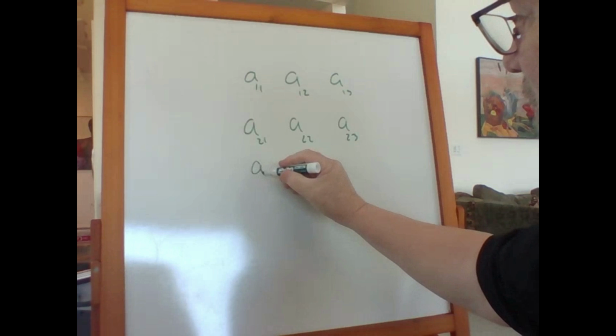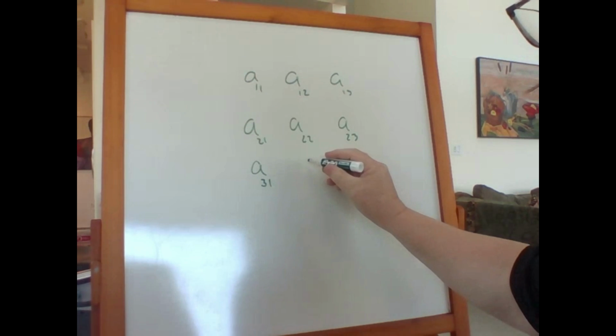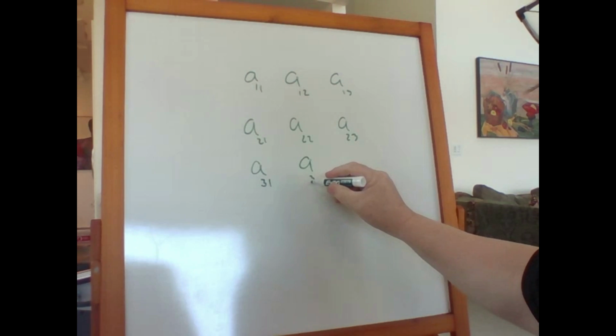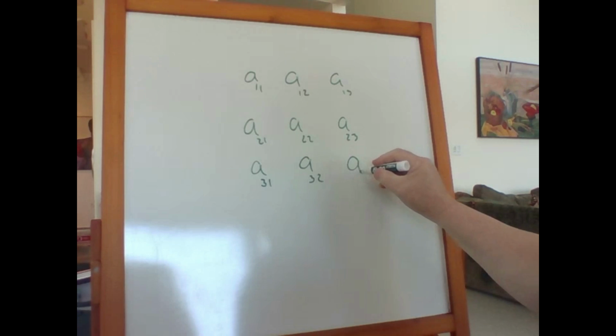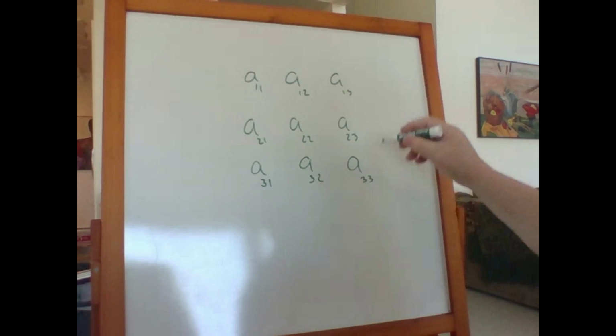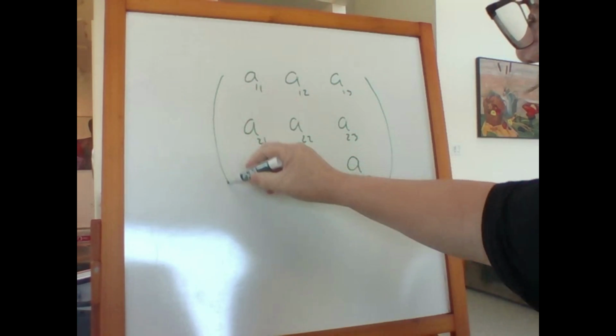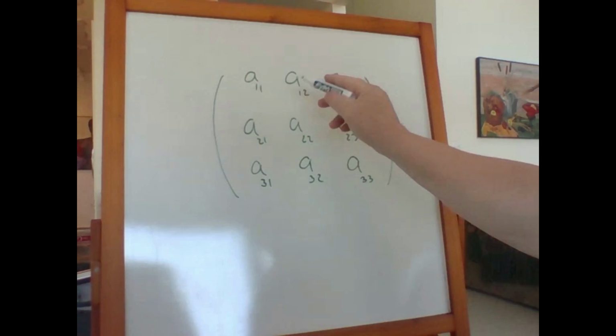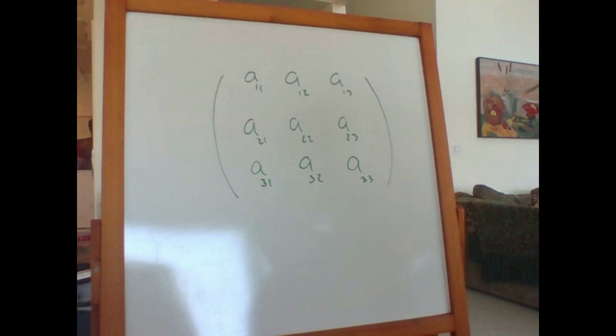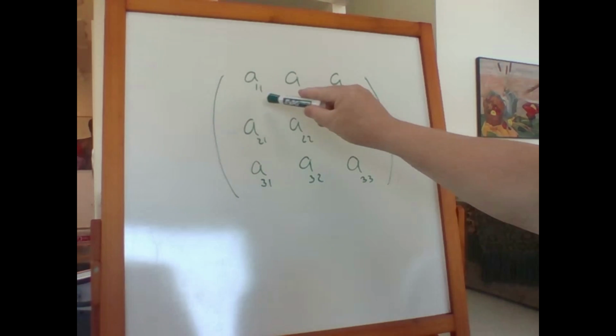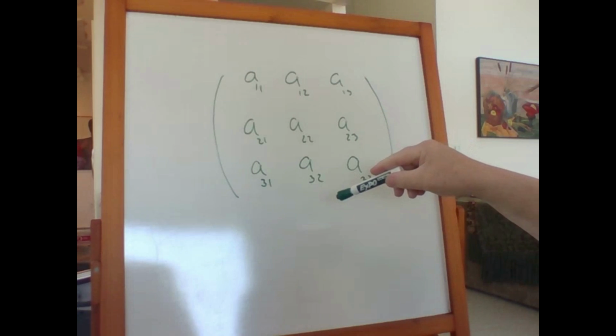A31, A32, A33, and you can see that these subscripts denote the position of the number in the array. They call this an array also.